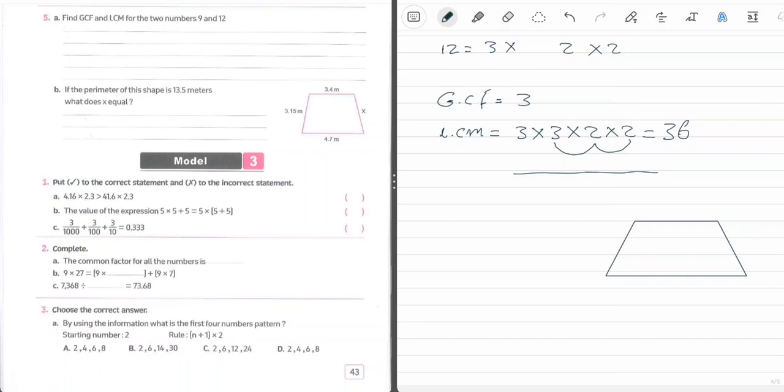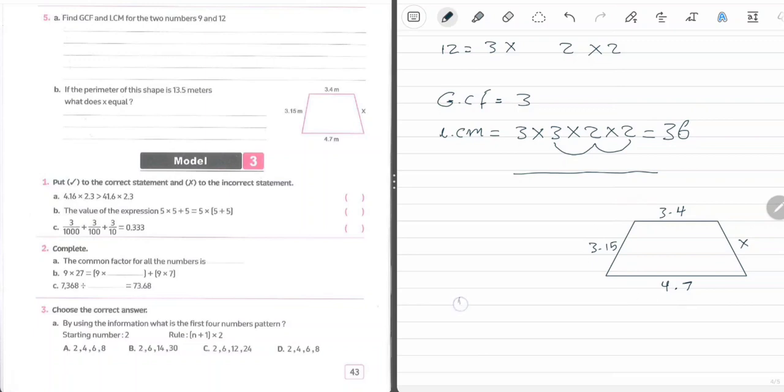So the first side is given as 4.7 meters, and this one is 3.15 meters, and this is 3.4 meters, and this is x. x is unknown. We have to find the value of it.